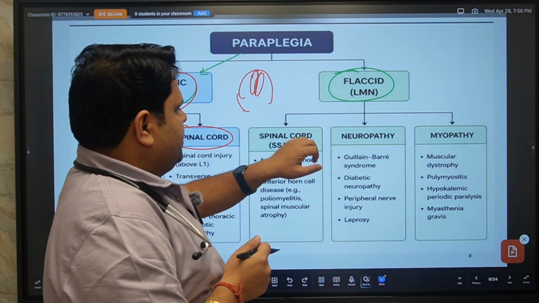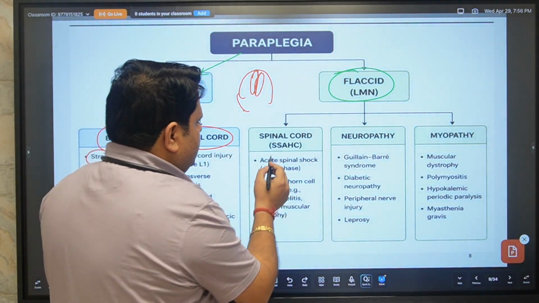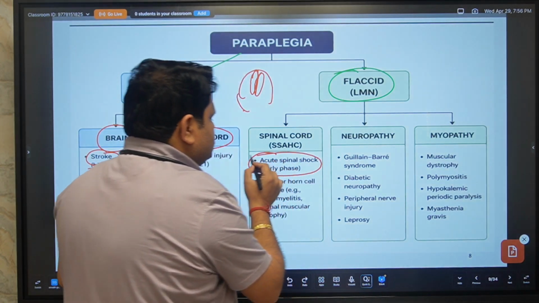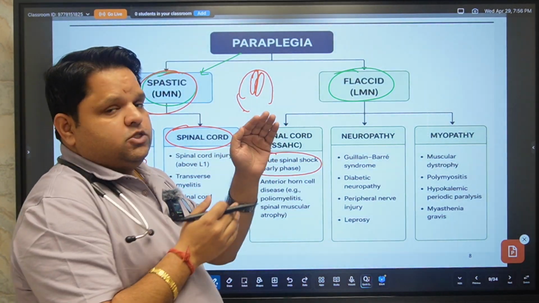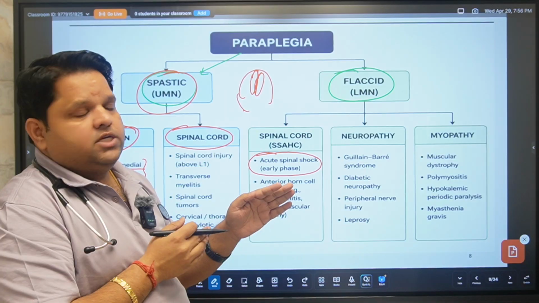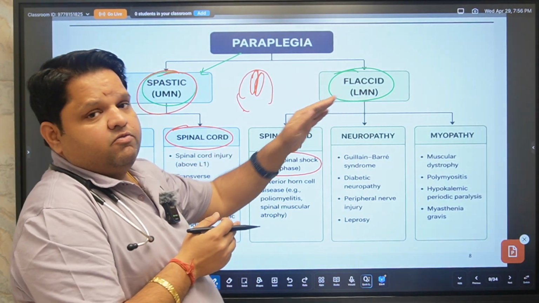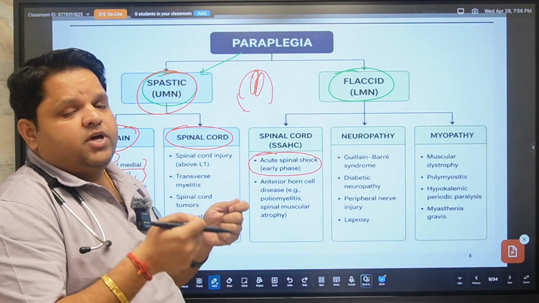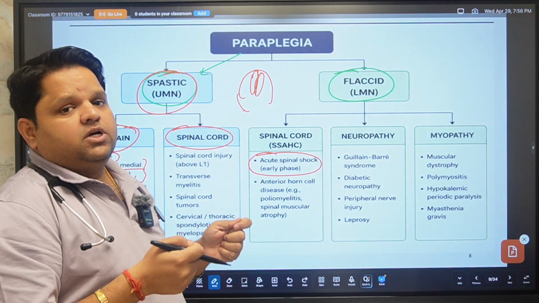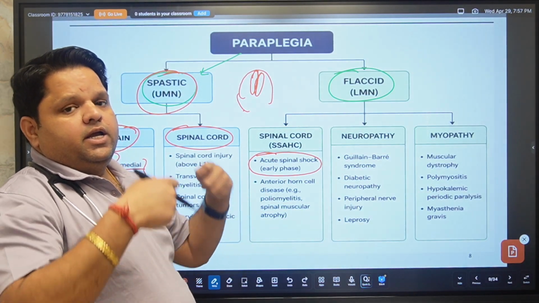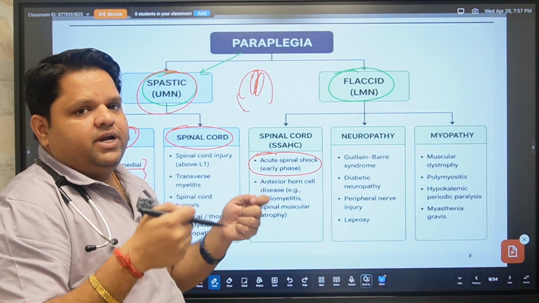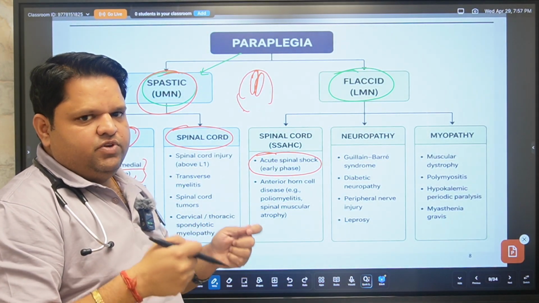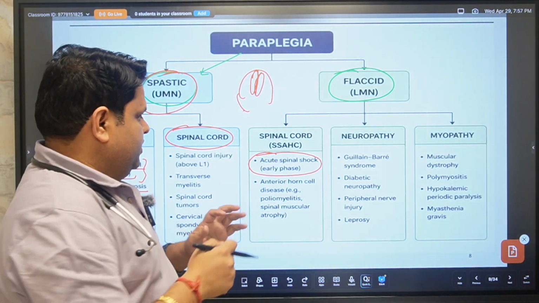In flaccid type of paraparesis, involvement may be the spinal cord, especially the acute spinal shock stage in the early phase. So a spinal cord lesion may cause flaccid type of paralysis when there is an early history. In the acute phase, there is a phase of spinal shock in which, despite involvement of the spinal cord, we get flaccid type of weakness, we get the LMN sign in the lower limb.